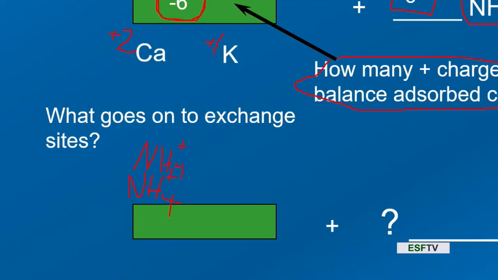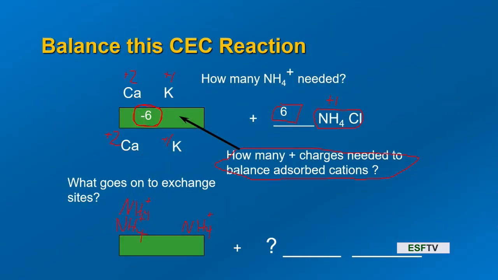What about potassium? Potassium's +1. So I need one NH4+, because that's +1. Okay, that takes care of potassium. I got to go down to the bottom part of this. I got another calcium here. I must need two NH4+, right? NH4 is +1, so let's put them down here. Let's replace the calcium with that.